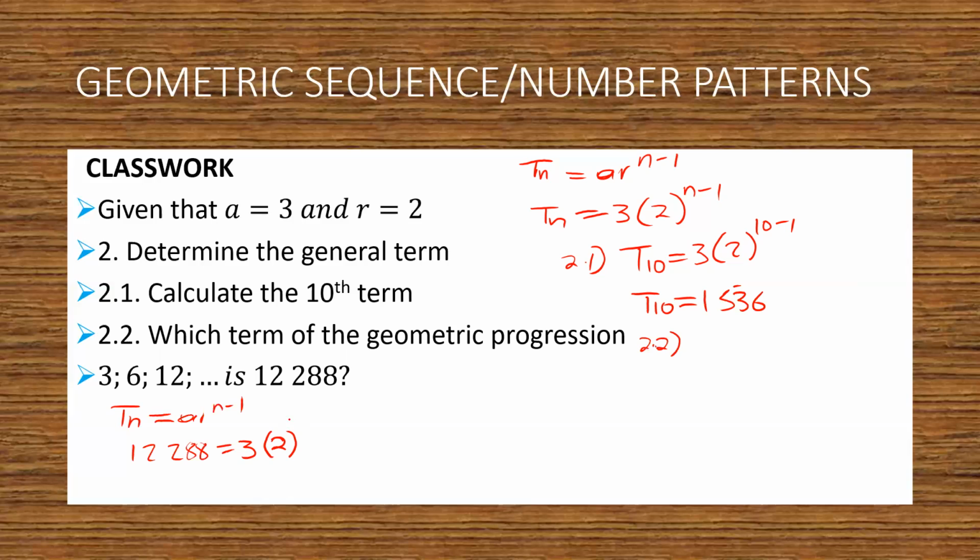Yes. And this is all to the exponent of n. We good? Yes. What are you going to do next? I then divided both sides by 3. Okay, so these ones cross out. What is 12,288 divided by 3?